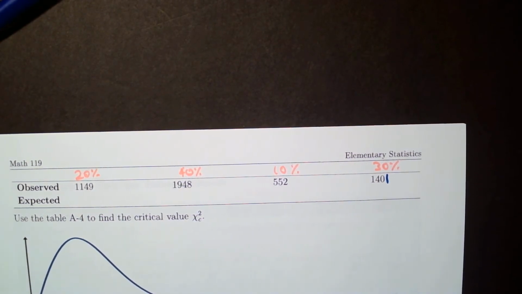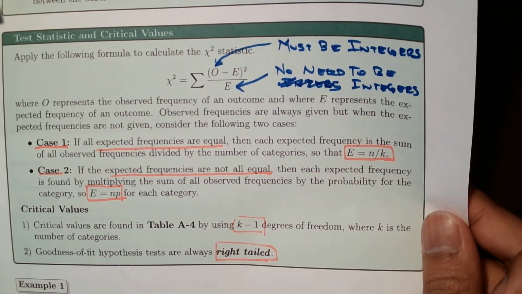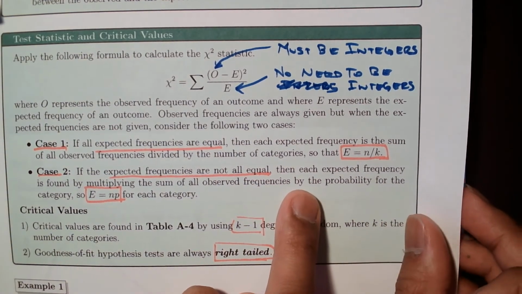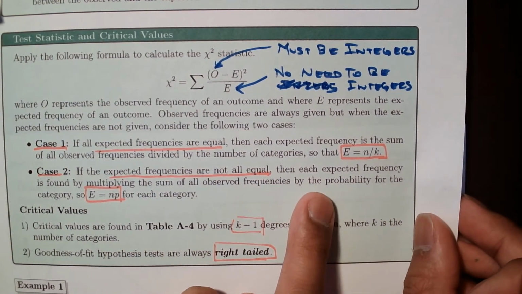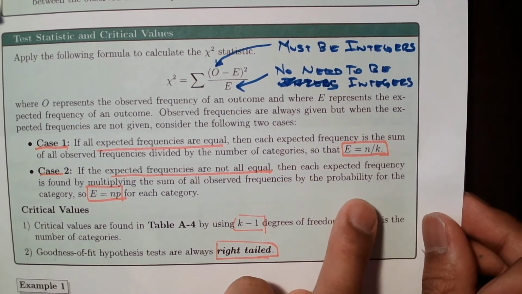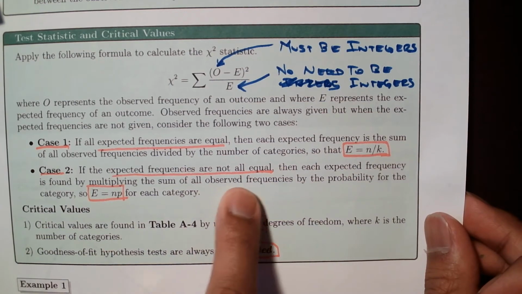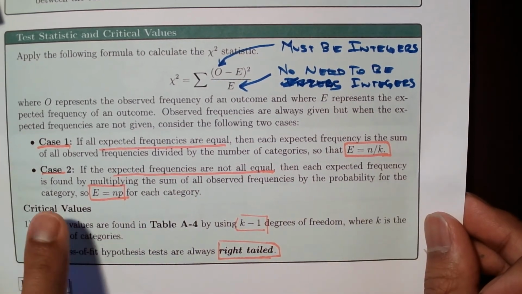So in this case, it's going to be a case 2 situation, in which the expected frequencies are not all equal, and then we multiply the sum of all observed frequencies by the probability of each category.